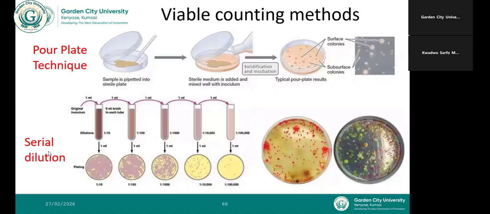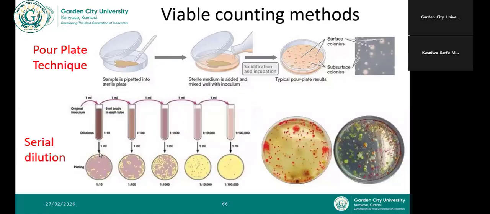Then if you are using the serial dilution approach, here you can go about by preparing your first specimen. So you can have 1 ml of your sample in 9 ml of the broth, the liquid medium. Then you mix gently.